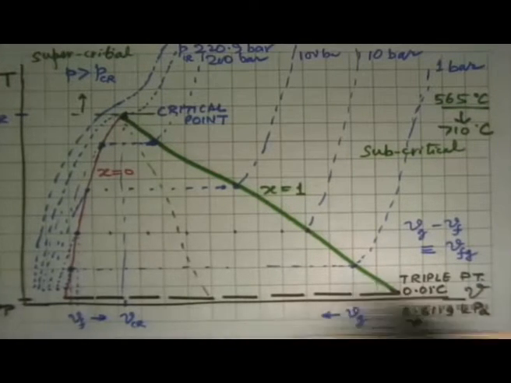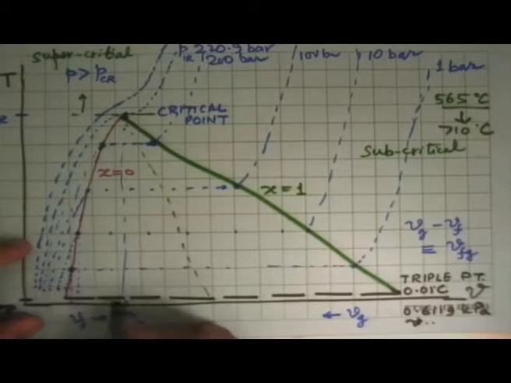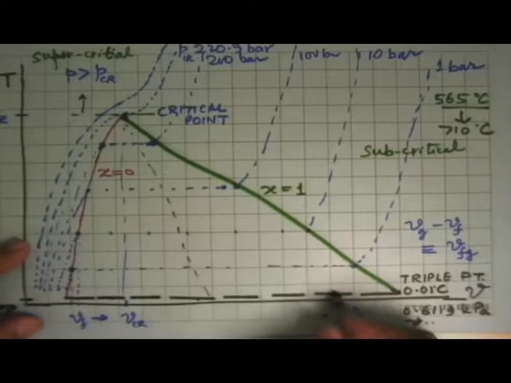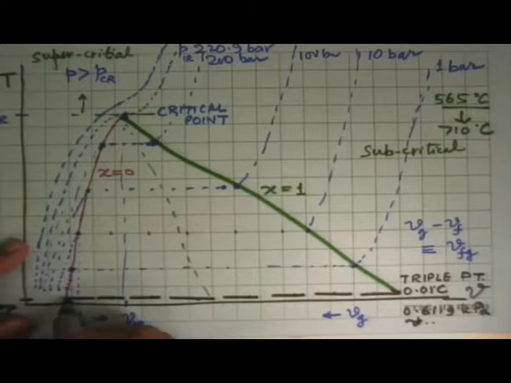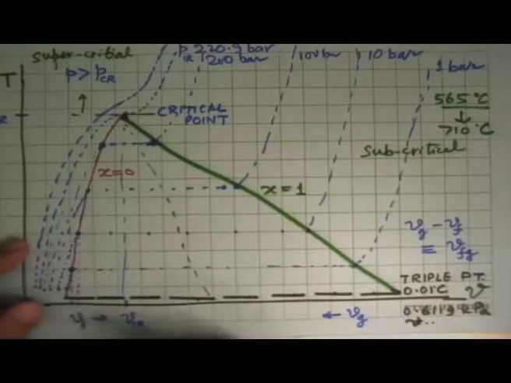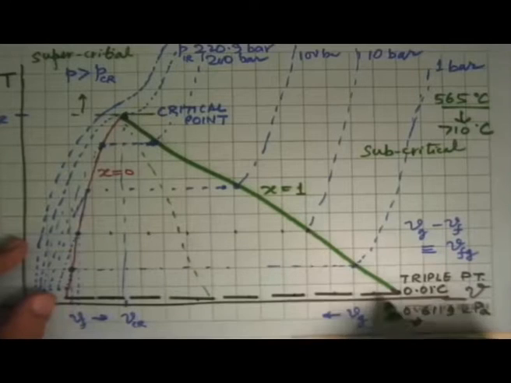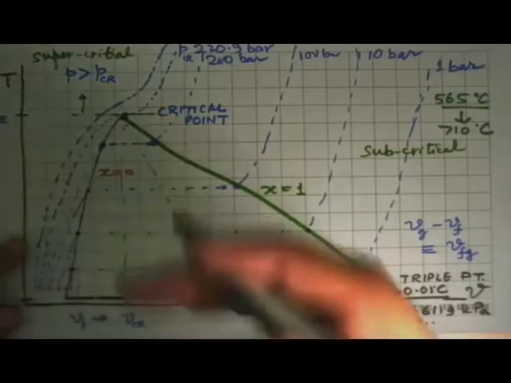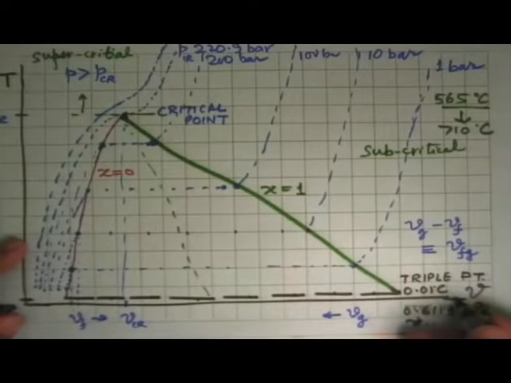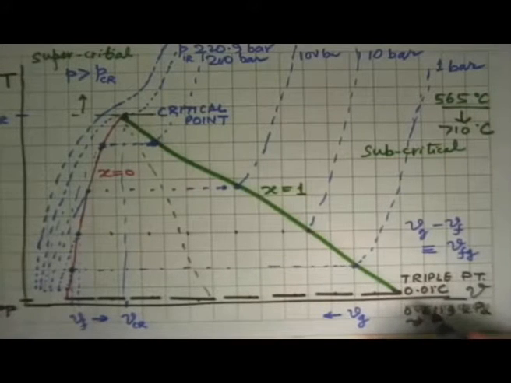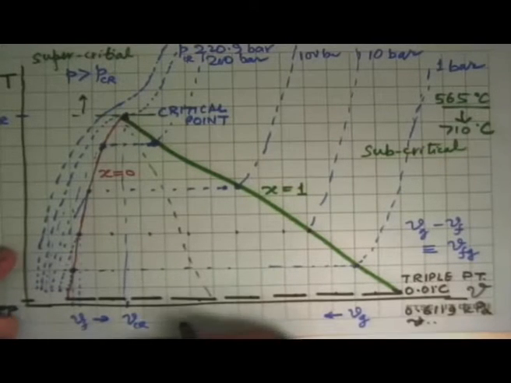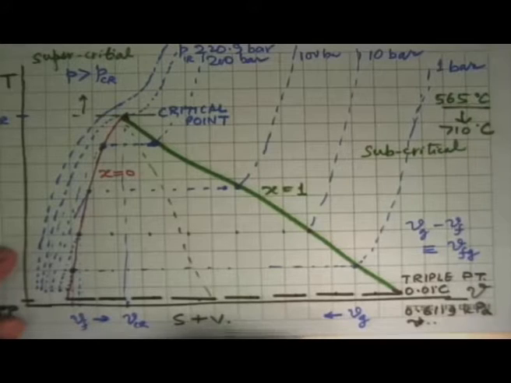So the triple point line and all these states, they are all triple point states, which means that there will be solid plus liquid plus vapor existing on this line. And if you go to temperatures below the triple point temperature, there is no possibility of a liquid. You will only have solid plus vapor formation.